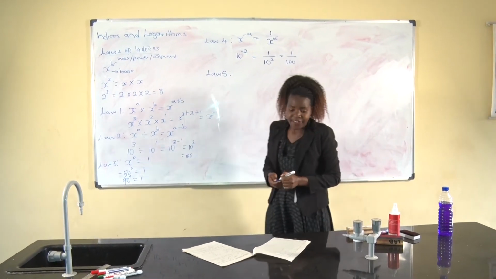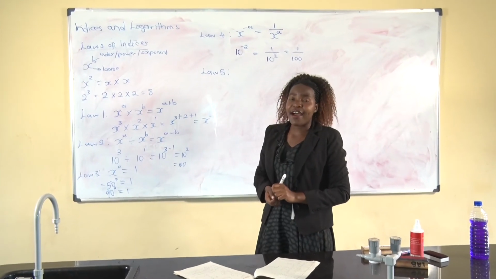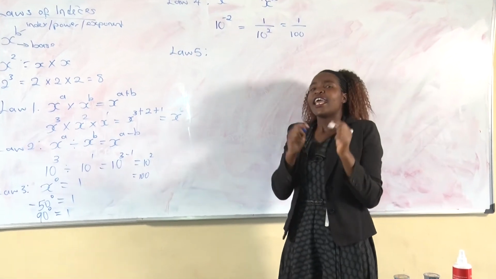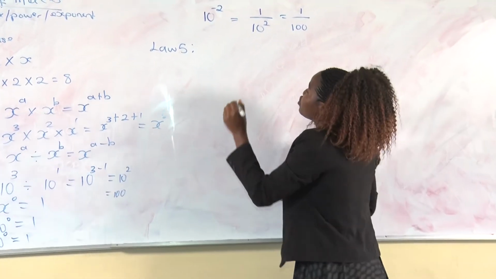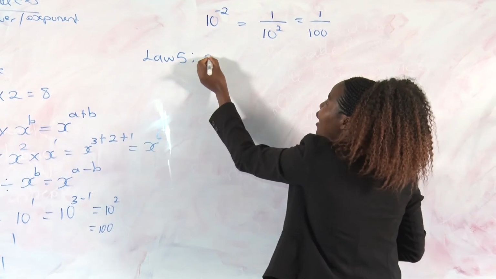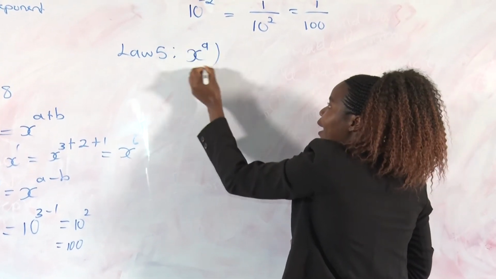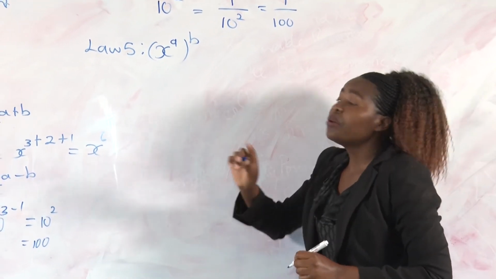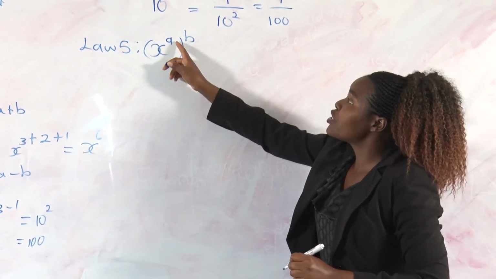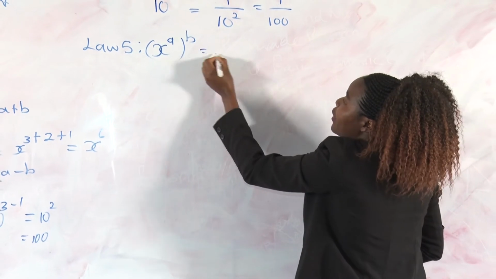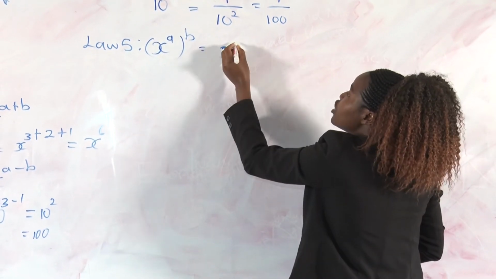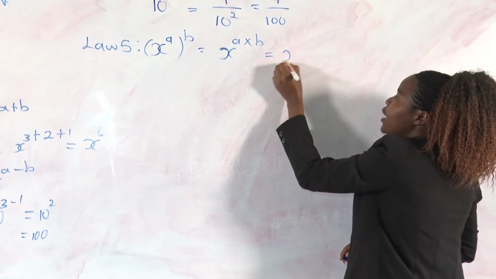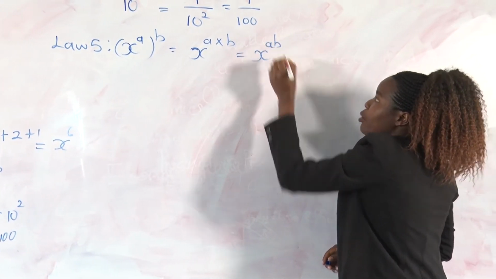Law number 5 states that whenever a number is being raised to a certain power and another power is also being raised to that number, for example, x to the power a, bracket b. This means that we have to multiply the powers, like x to the power a times b, and your answer becomes x to the power ab.